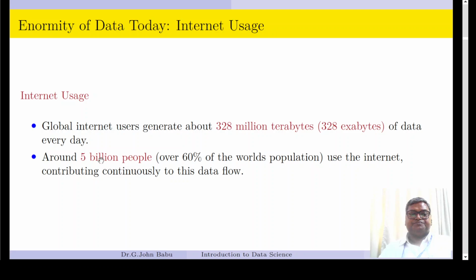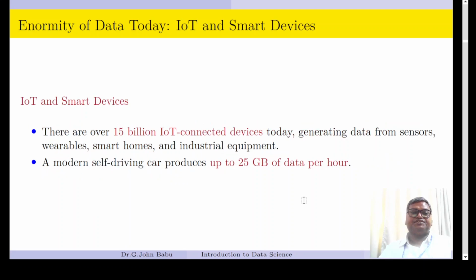Out of 7 billion people, 5.5 billion people are using the internet and it is generating data. And even IoT smart devices, there are over 15 billion IoT connected devices today generating data from sensors. Our smartwatches, smart homes, smart remotes, industrial equipment run by remotes.